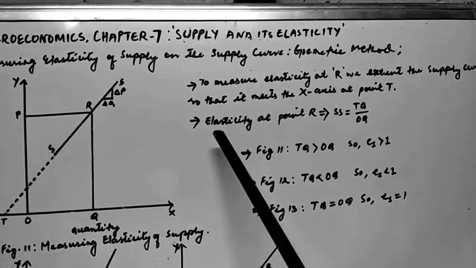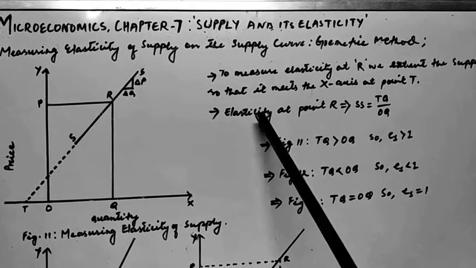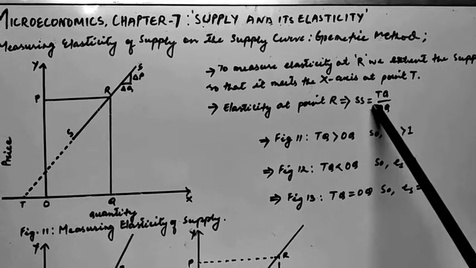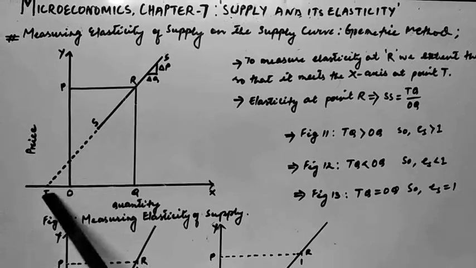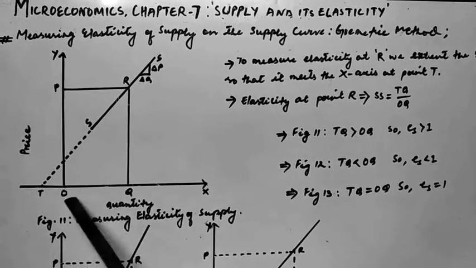So elasticity at point R will be given by TQ divided by OQ.